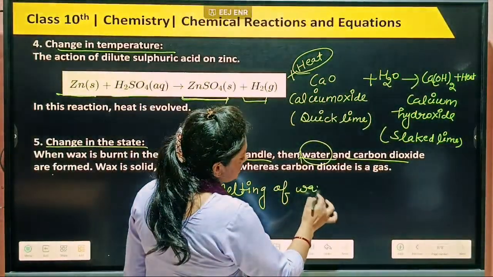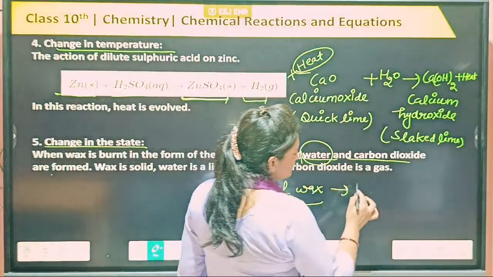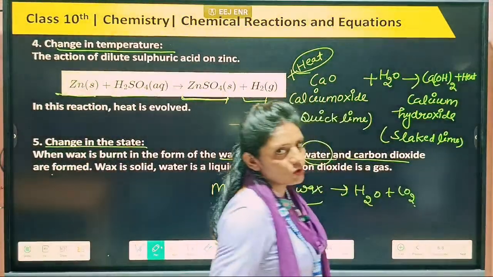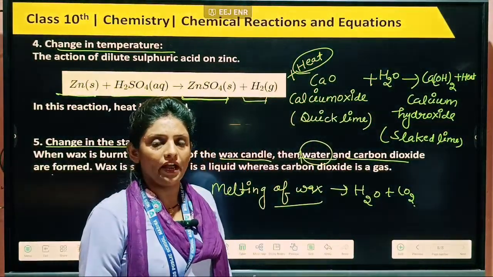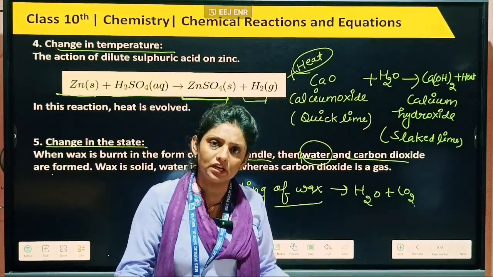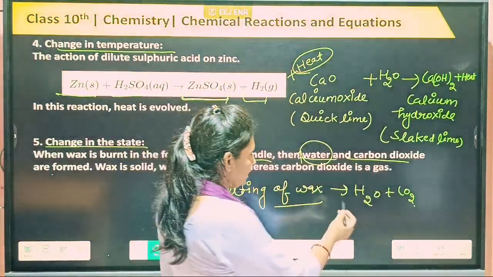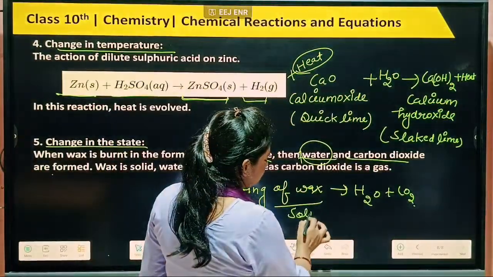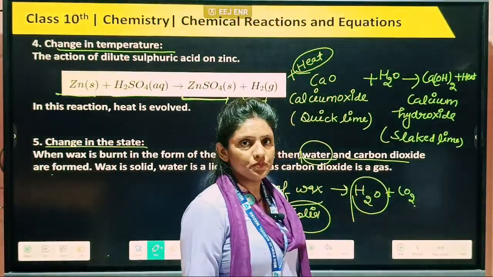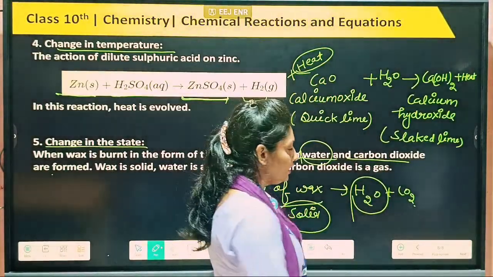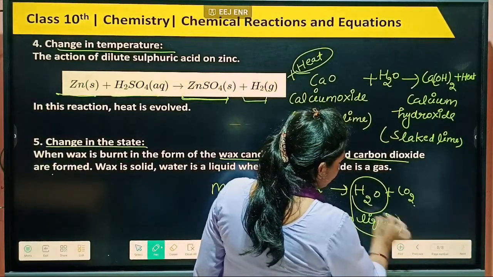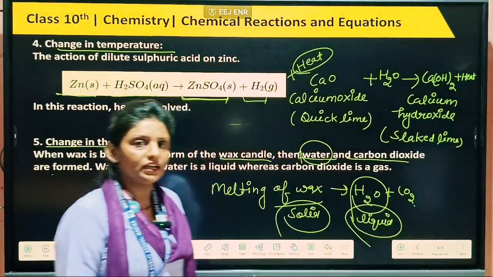Here new substances are forming, students, and when new substances form, that type of change is known as a chemical change, and if in a reaction a chemical change takes place, it means it is a chemical reaction. Then students, here wax is solid in state, you know very well, but this water which is produced during the chemical reaction is liquid in state, so during a chemical reaction state can also be changed.